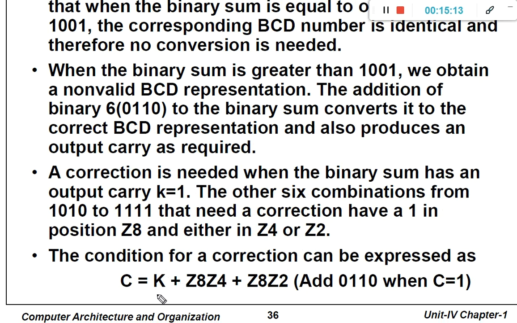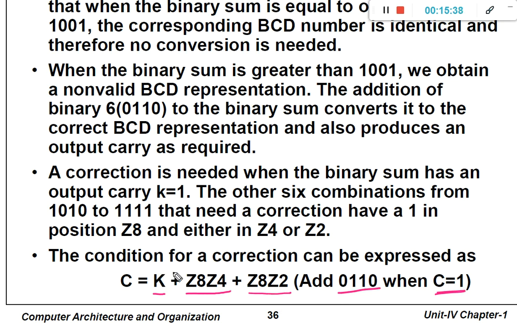C is calculated as K plus Z8 into Z4 plus Z8 into Z2. If the C value becomes 1, then we need to add 0110 to the result.